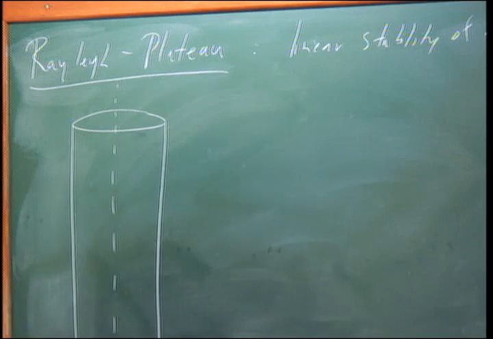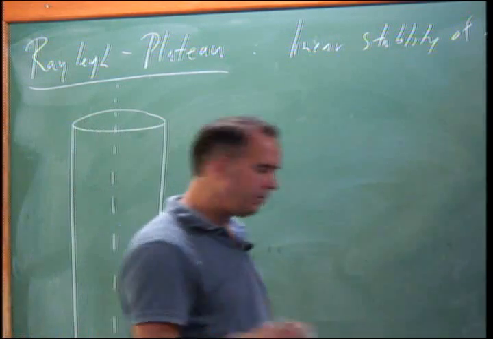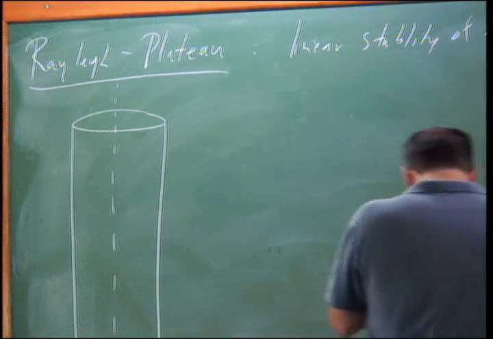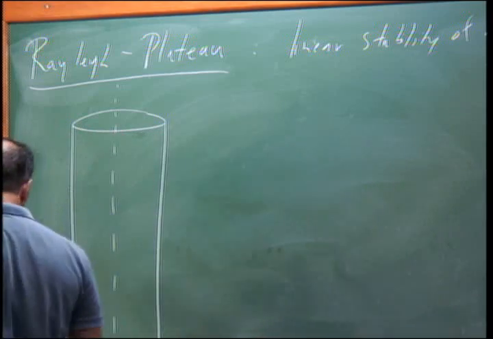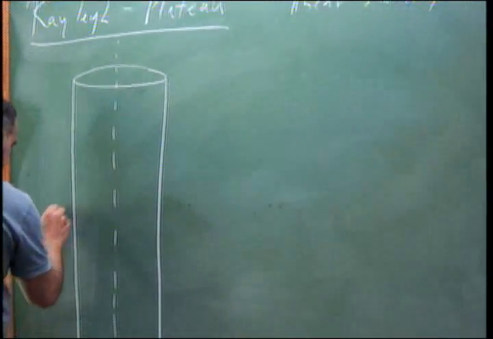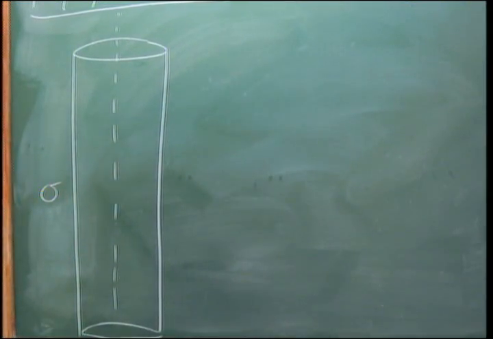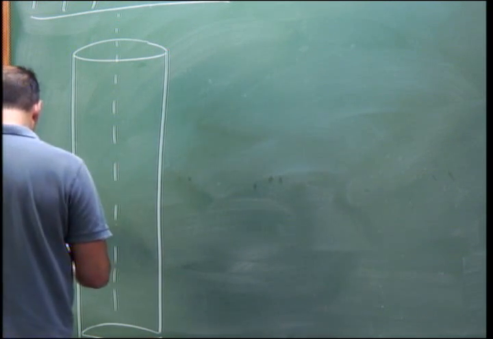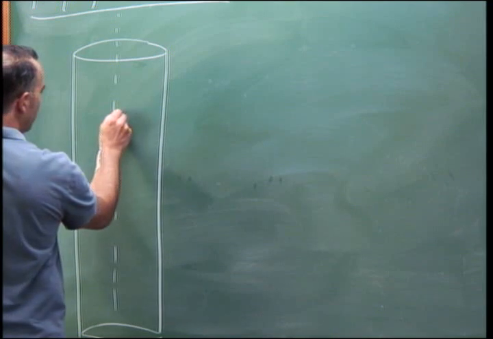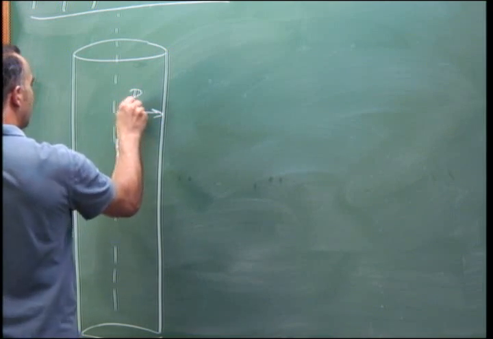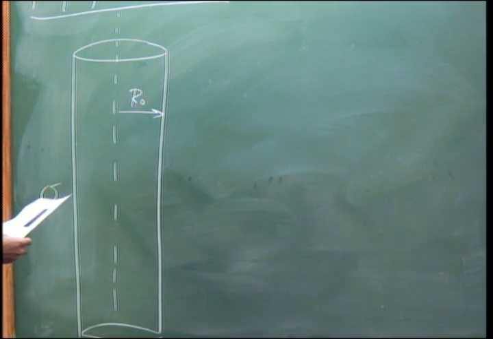We're going to assume it's also inviscid, so we're not going to worry about viscosity. We want to see if and when this thing goes spontaneously unstable. Okay? So let's give the unperturbed radius, call the unperturbed radius R0.